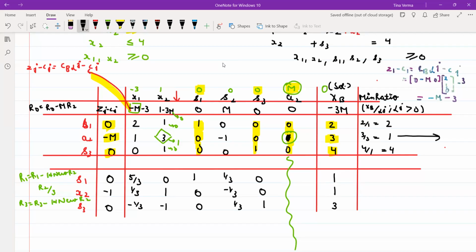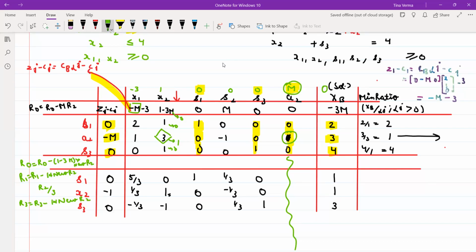You have to make this element as 0. 0 बनाना, but किसकी help से? With the help of 1. So you will apply the operation on R0. That R0 will be R0 minus 1 minus 3m into your new R2.